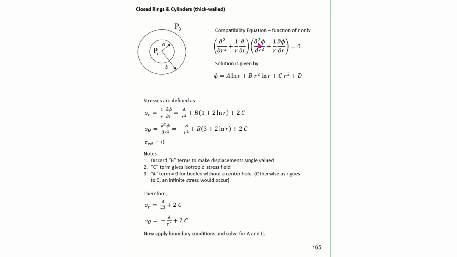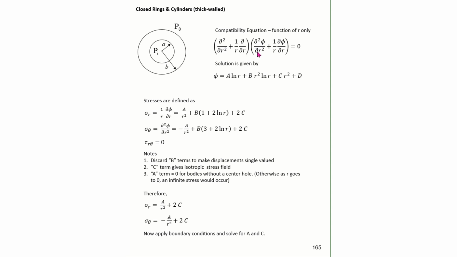We can see here that we take a second order partial derivative of phi with respect to r, but we also have an operator over here. We see that this partial squared operates on this quantity here. So actually what we have is a fourth order partial differential equation.